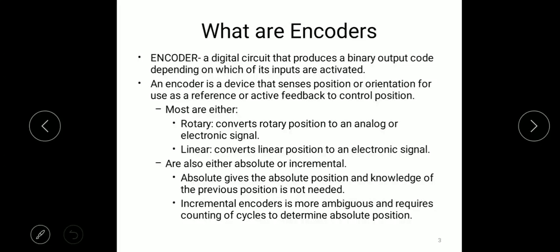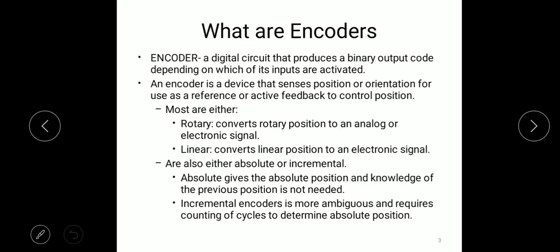The next is the linear encoder, which converts the linear position, based upon linear variation, to an analog or electronic signal.